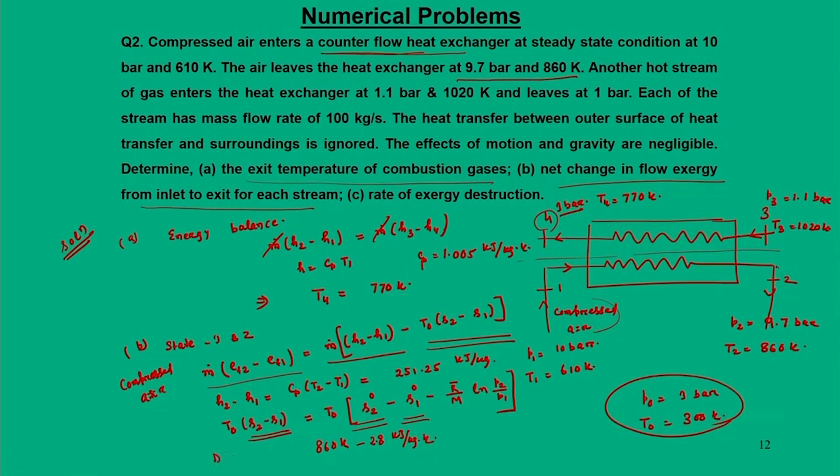So, this we get from a data table. In any thermodynamic book they give you at temperature 860 Kelvin, the entropy value. Similarly, at temperature T 1, 610 Kelvin, your entropy value would be 2.4.